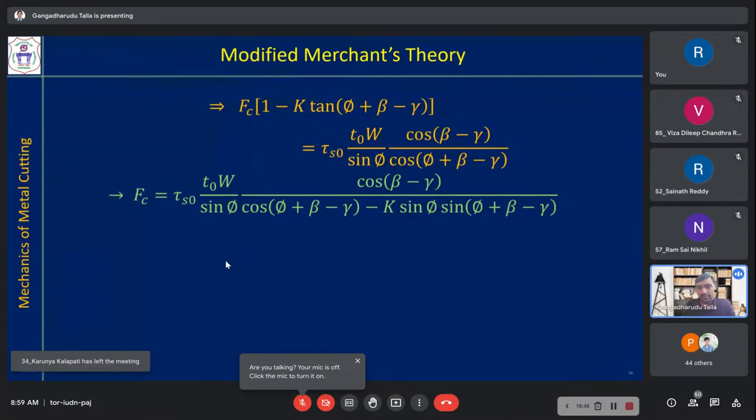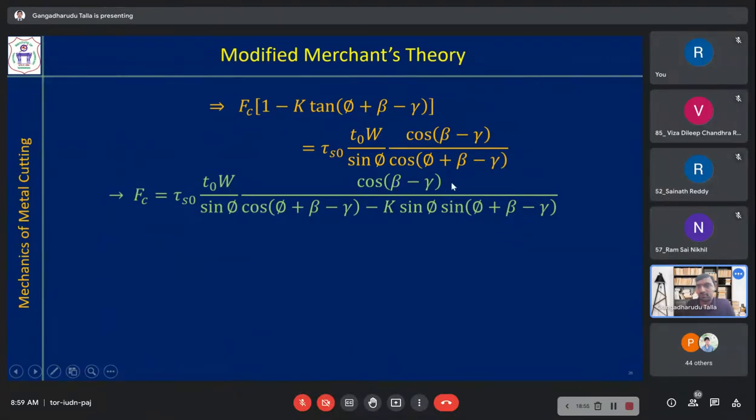Now there are some constants here. Tau s0 is constant, t0 is constant, w is constant, beta and gamma are constants. Gamma is anyhow constant, beta is assumed to be constant, because we are assuming a steady state process. And the only variable is phi here. So you take the denominator now.